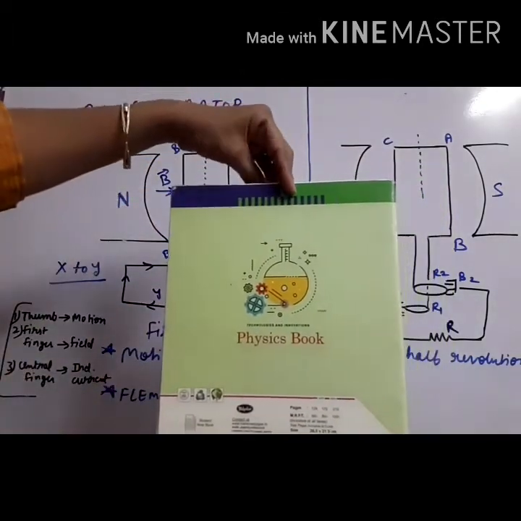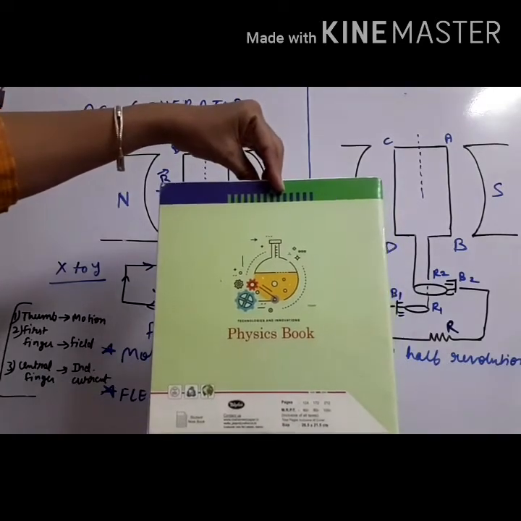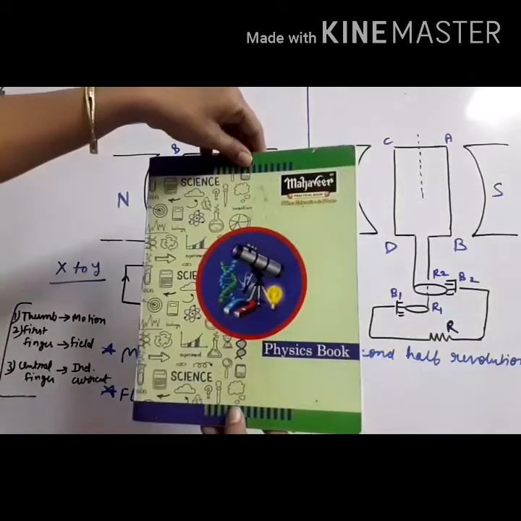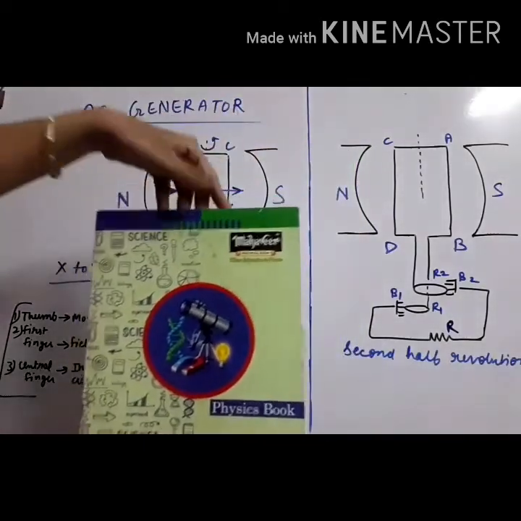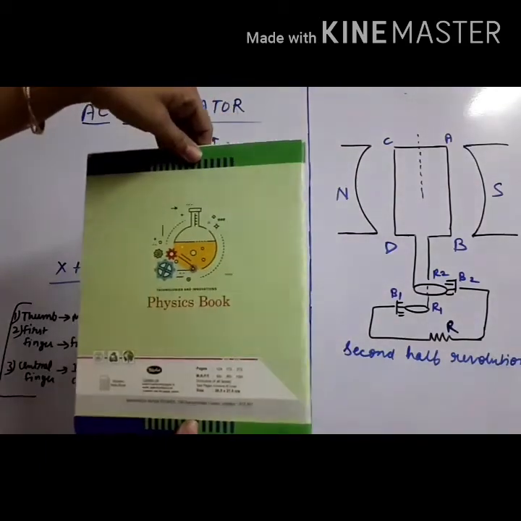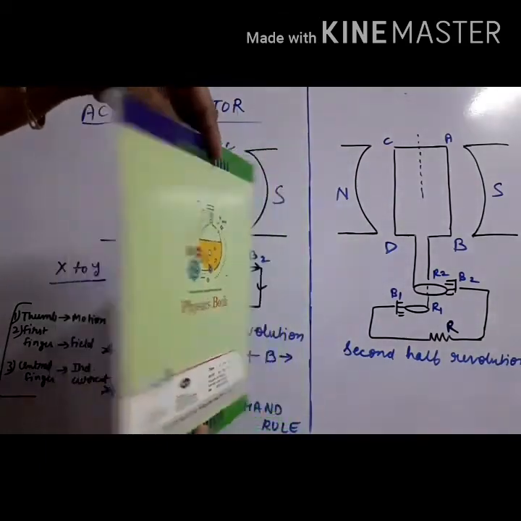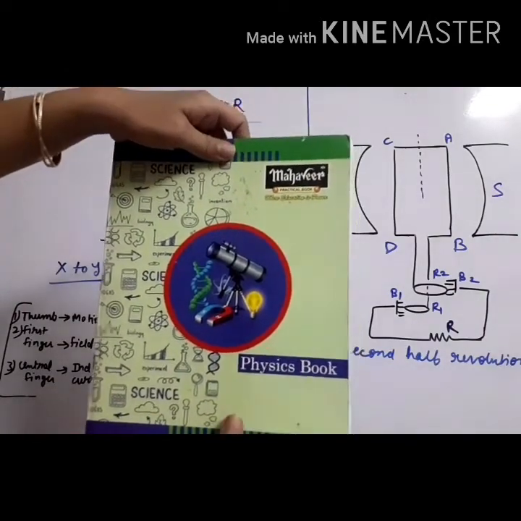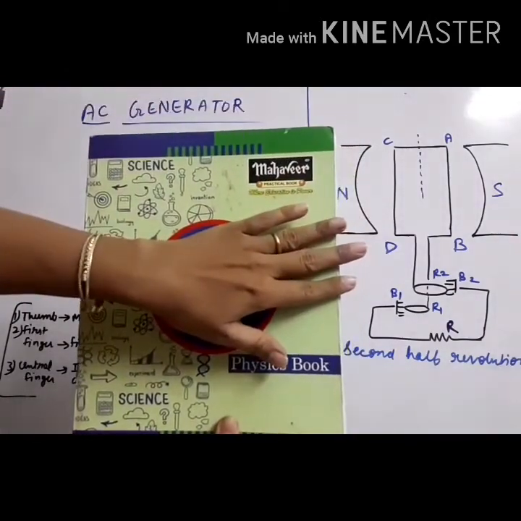Then we are continuing with the same revolution. So CD will now come upward. How will the complete revolution take place? From this diagram, CD will take half revolution, it will come here, then it will continue for the complete revolution. So again it will position itself at the same original location.